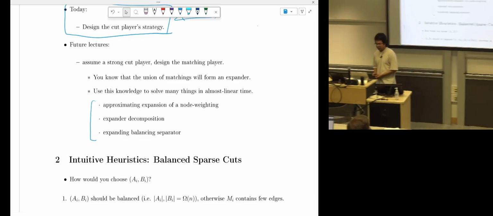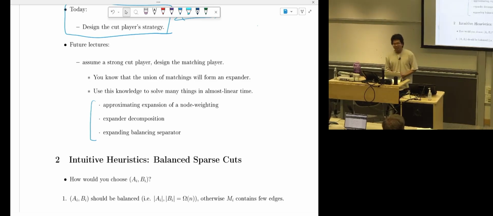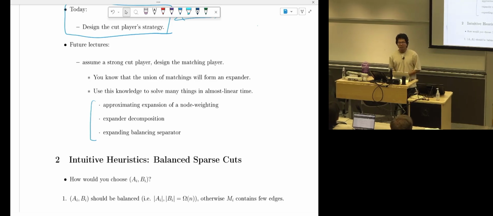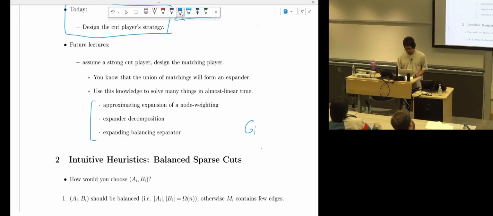Okay. What would be your next suggestion? What should A_i and B_i be? How should it look? So suppose that the graph so far looks like this, maybe.